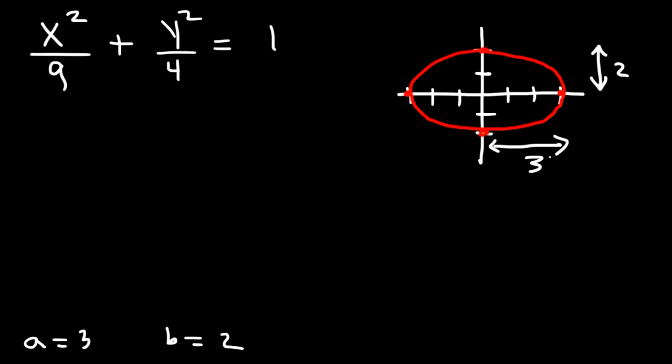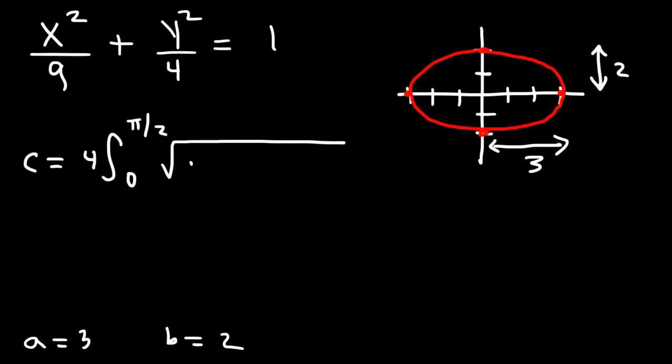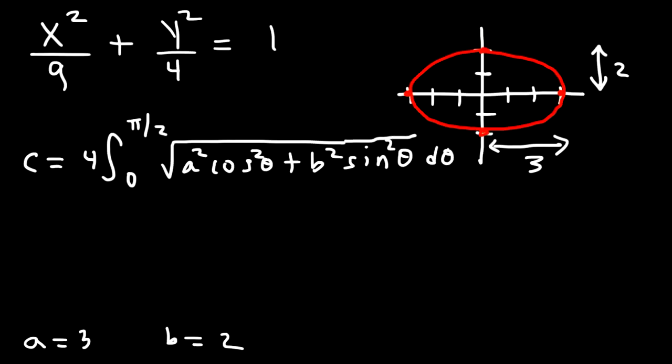So how can we calculate the circumference of an ellipse? Now, using calculus, there are 2 equations that you can use. Here's the first one. The circumference C is equal to 4 times the definite integral from 0 to pi over 2 of the square root of a squared cosine squared theta plus b squared sine squared theta, d theta.